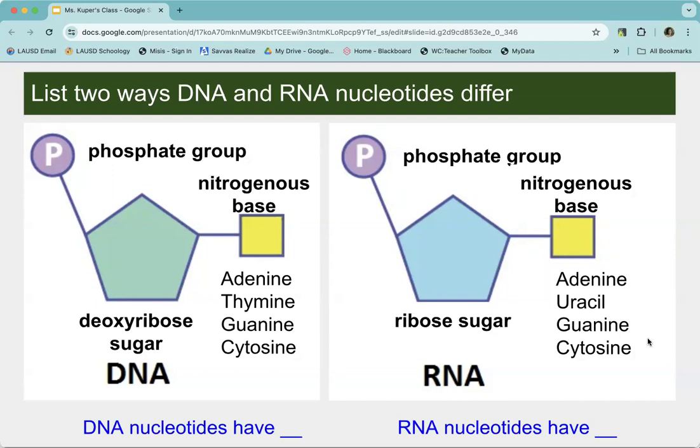They both have phosphate, they both have a 5-carbon sugar, they both have a nitrogenous base, but read that picture. What is different between these two nucleotides? Take a second and write down two differences in your notes.